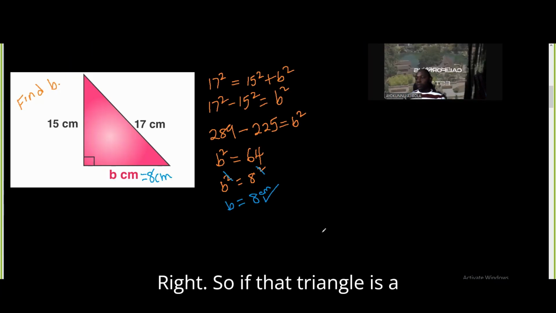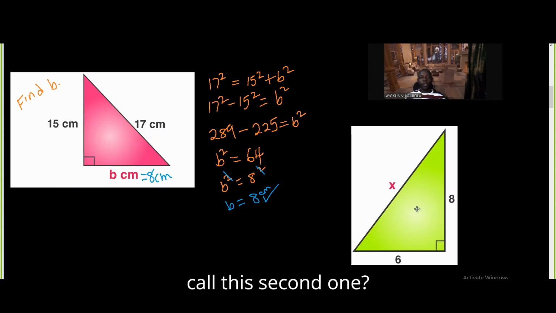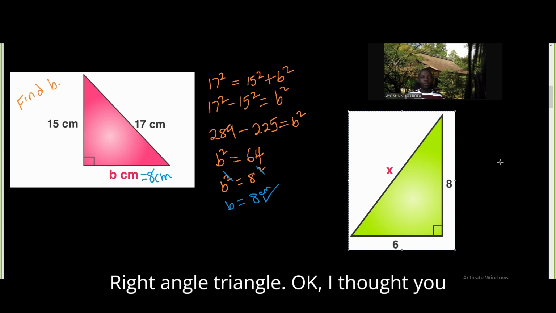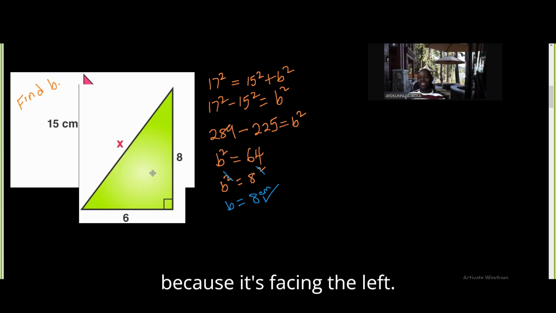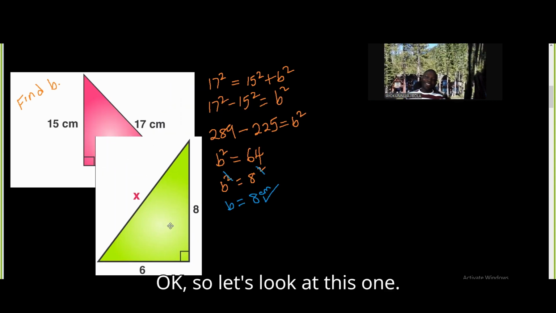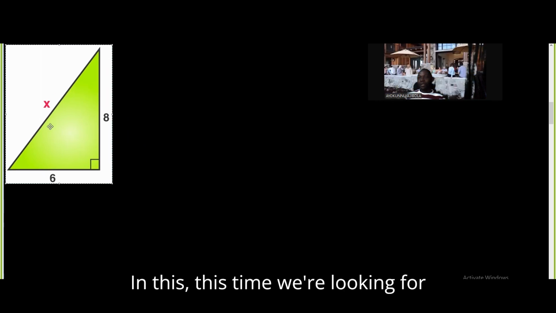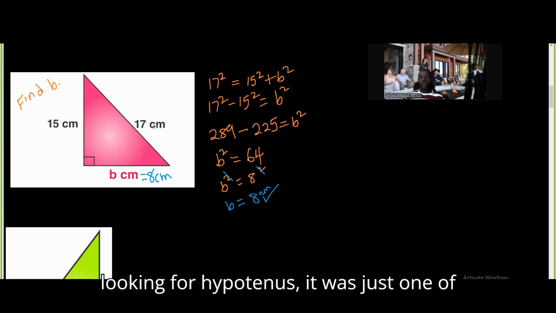All right, so if that triangle is a right angle triangle, then what do you call this second one? Right angle triangle. Okay, I thought you were going to say left angle triangle because it's facing the left. So let's look at this one. This time, we're looking for the hypotenuse. The first time we were not looking for the hypotenuse; it was just one of the other sides.